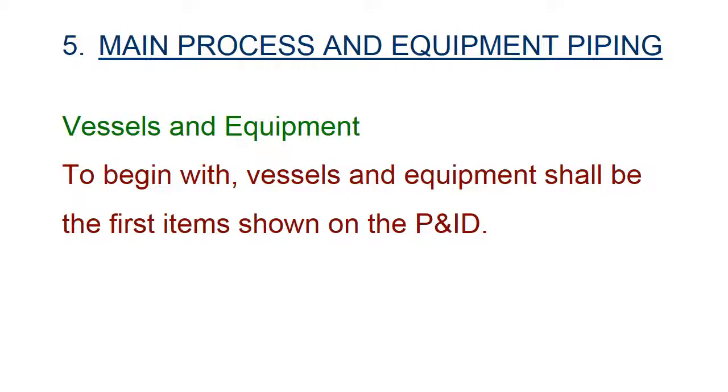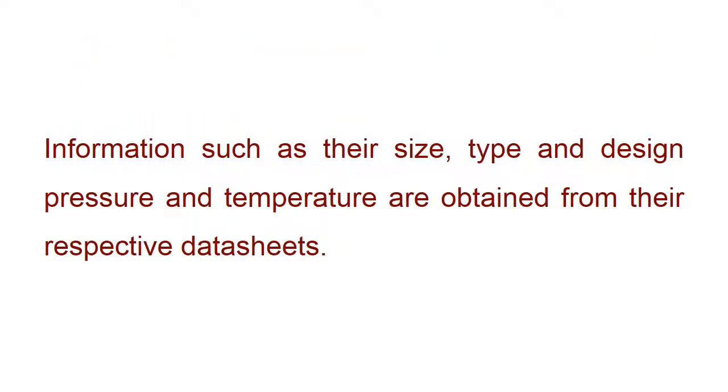Vessels and equipment. To begin with, vessels and equipment shall be the first items shown on the P&ID. Information such as their size, type, design pressure, and temperature are obtained from their respective data sheets.